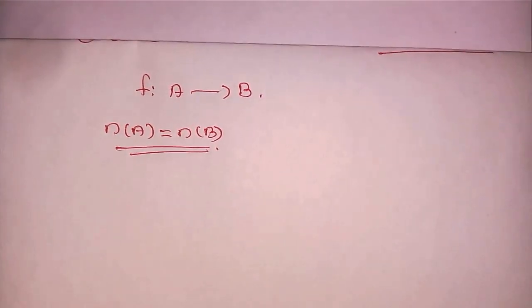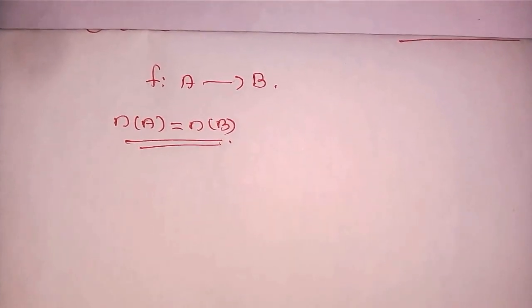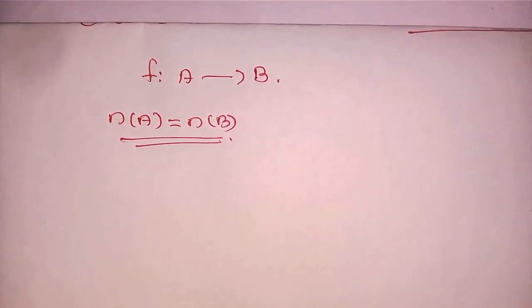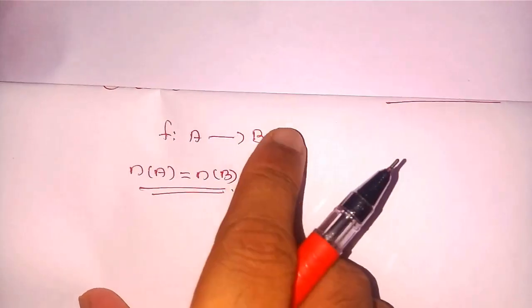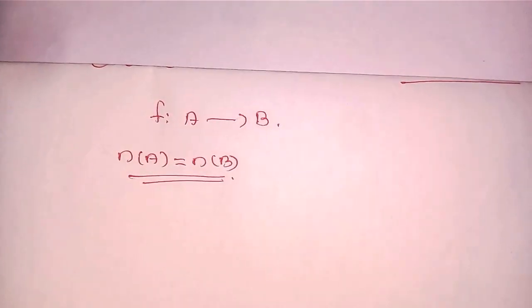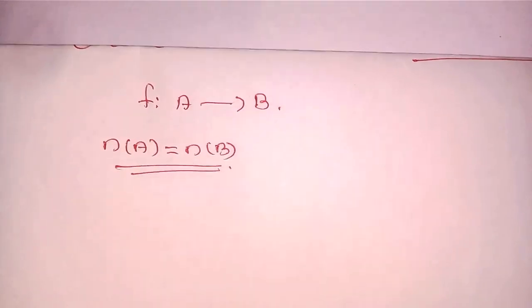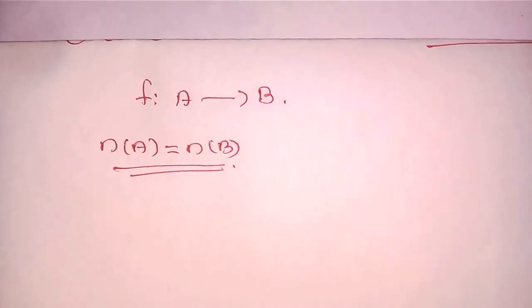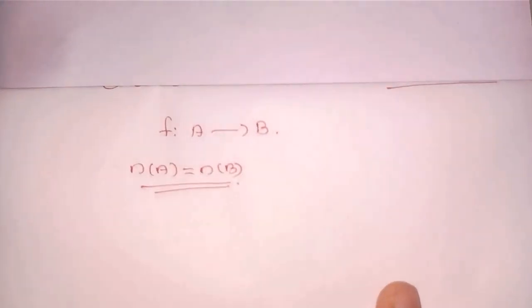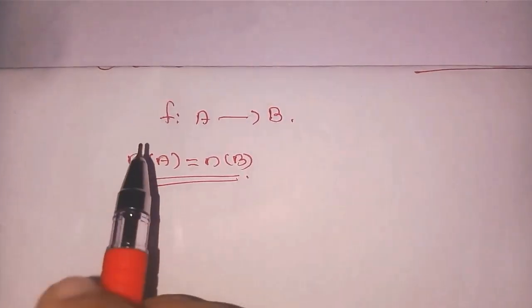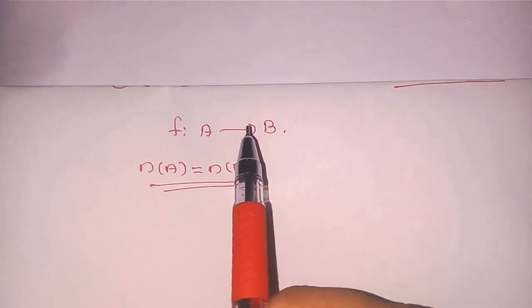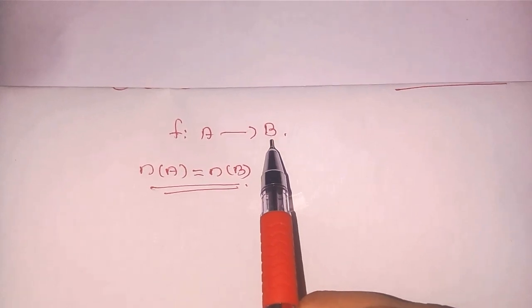So if n(A) and n(B) are equal, then only can we define a bijective function from A to B. This is a very important condition to define a bijective function from one set to another set. So to define a bijective function, the number of elements in the domain should be equal to the number of elements in the codomain.